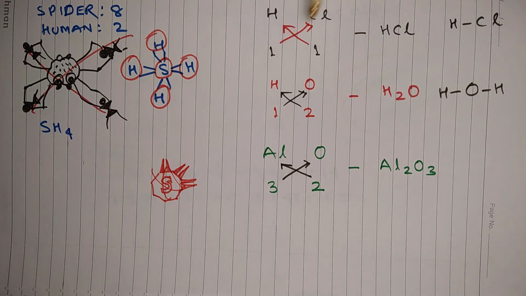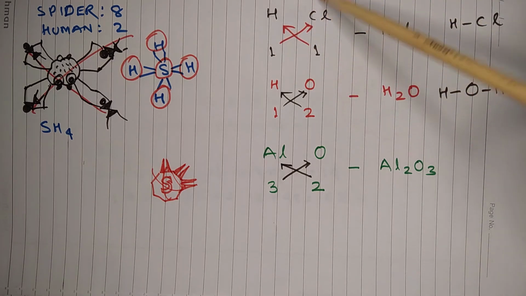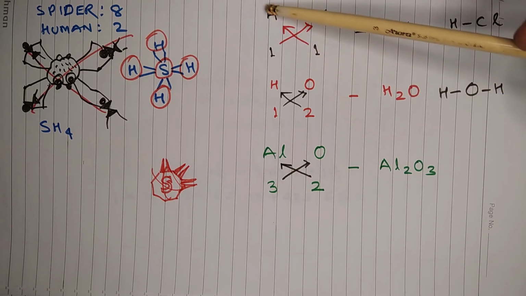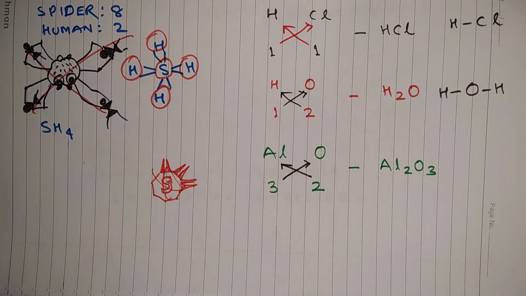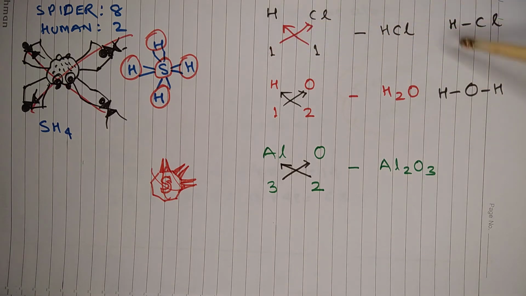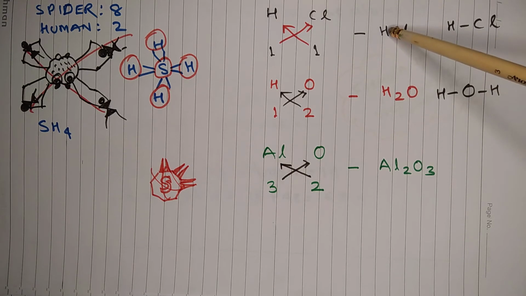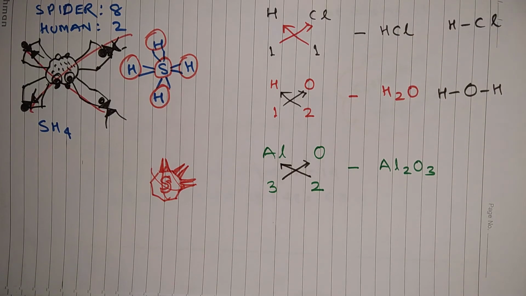Now cross connect the valency with elements. So the valency of hydrogen should connect with chlorine, and valency of chlorine should connect with H. Now write HCl, and the valency of hydrogen should be written against chlorine, and valency of chlorine should be written against hydrogen. So in this case both are 1, so it will be written as HCl.